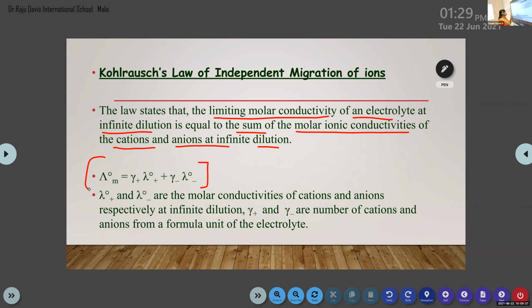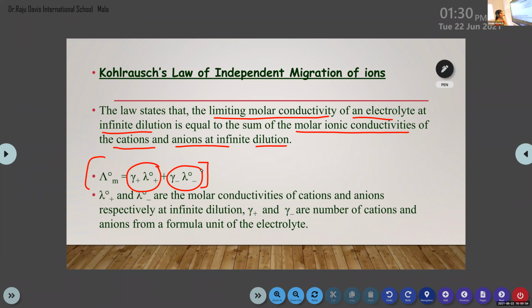Okay, lambda m0 is equal to, this one is read as nu. Are you familiar with this one? Nu plus, then lambda 0 plus, these are the factors of cation. Then the next one is nu minus, then lambda 0 minus.